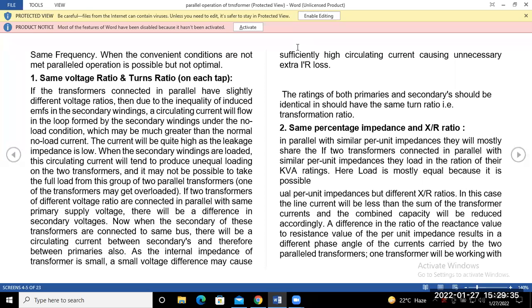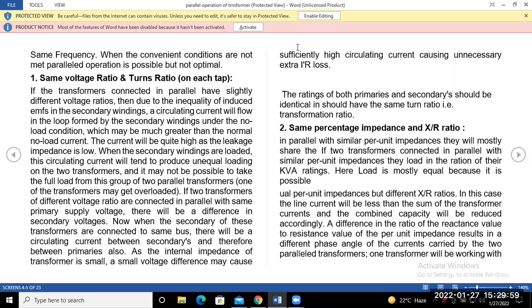When the secondary windings are loaded, this circulating current tends to produce unequal loading on the two transformers. Okay. And it may not be possible to take the full load from this group of two parallel transformers. One of the transformers may get overloaded or one may be underloaded.